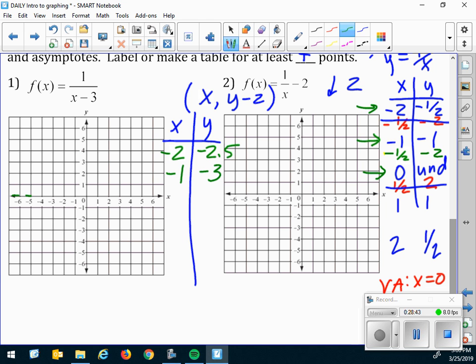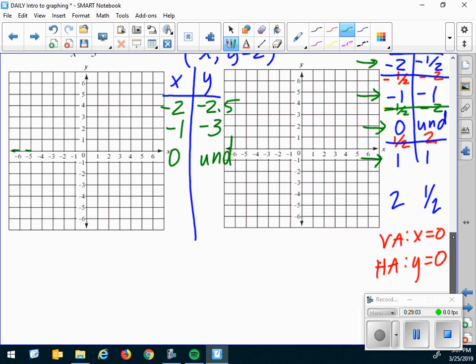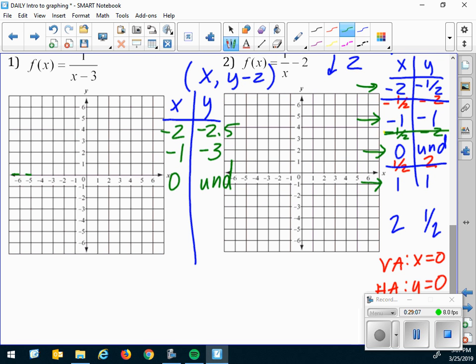What's undefined minus 2? Still undefined. What did I just tell you a minute ago? Oh, I see what you're saying. What about this one? 1, negative 1.